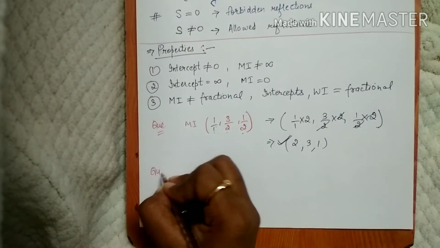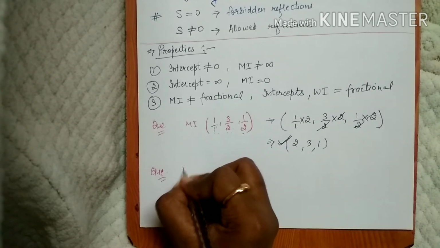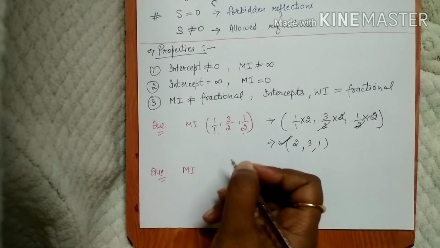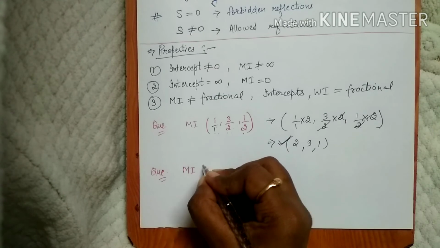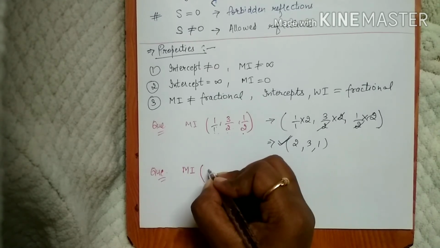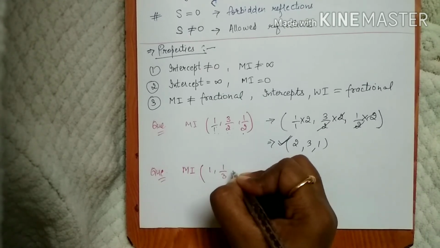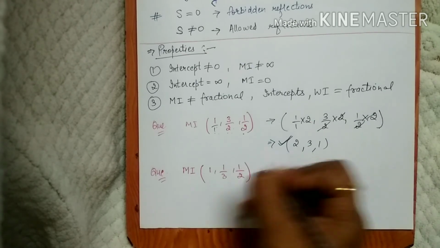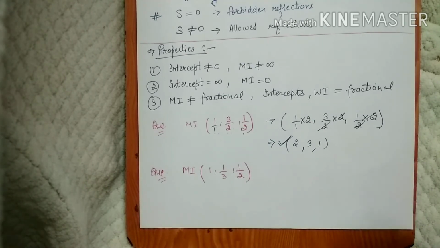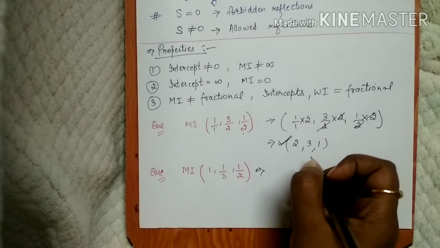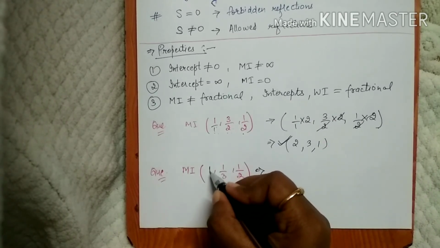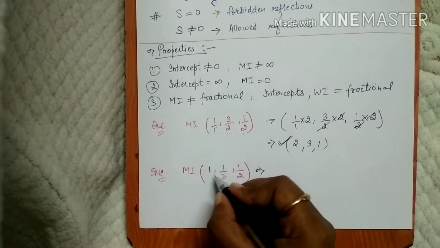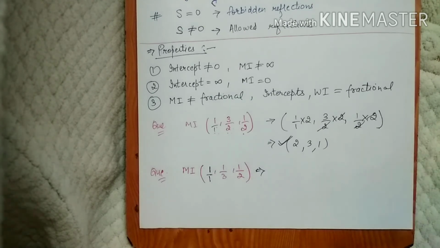Again, one more question. If after solving particular Weiss indices or intercepts, I am getting Miller indices as 1, 1/3, 1/2, then I have to further solve it to get my Miller indices. That is, I have to remove these fractions and change them into integers.